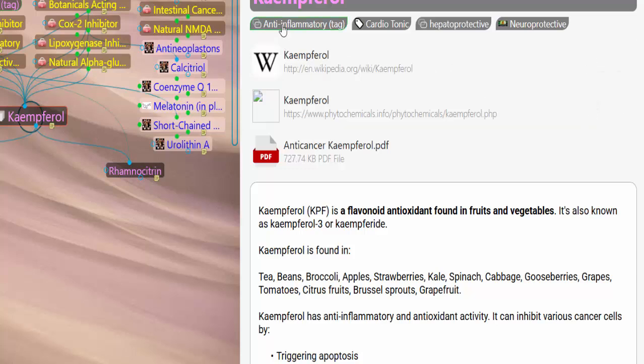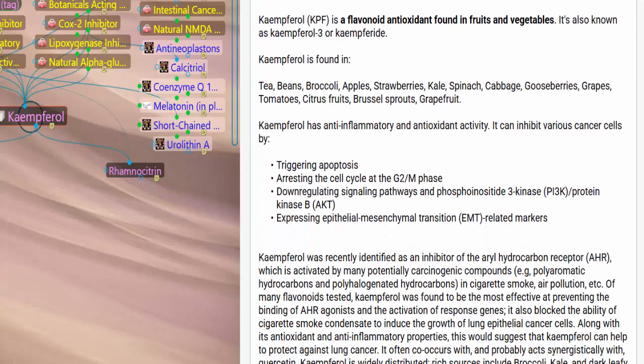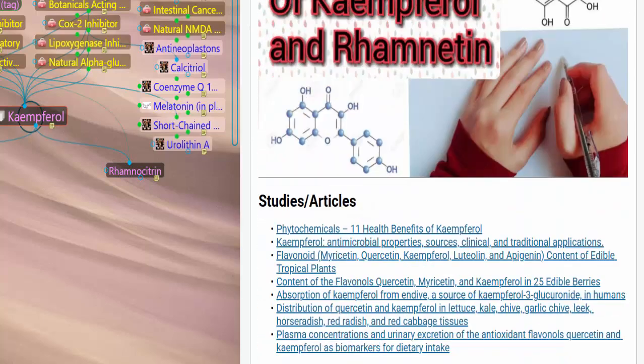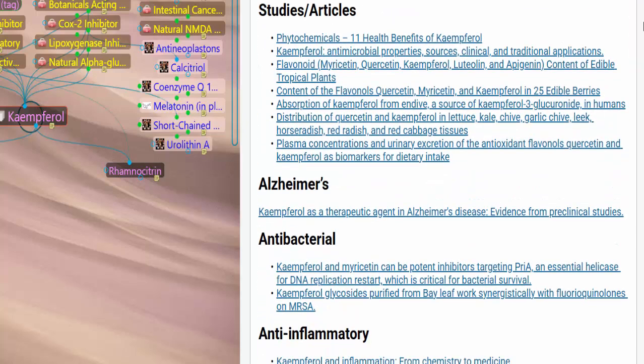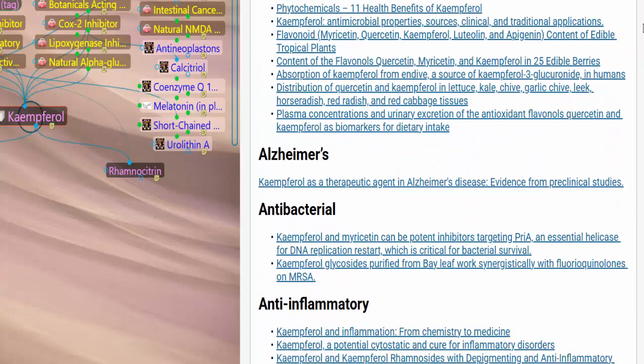So here are the tags: anti-inflammatory, it's a cardiotonic, it protects the liver, and it protects the nerves. So here's an explanation and some videos. But just check out all of the research that's been done on this one constituent that we find in goldenrod.